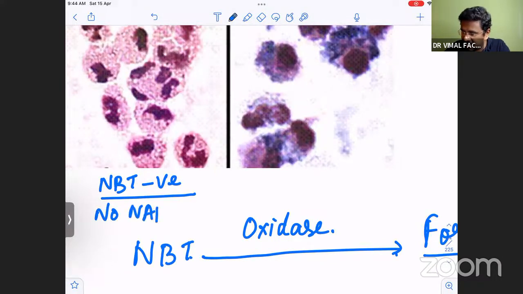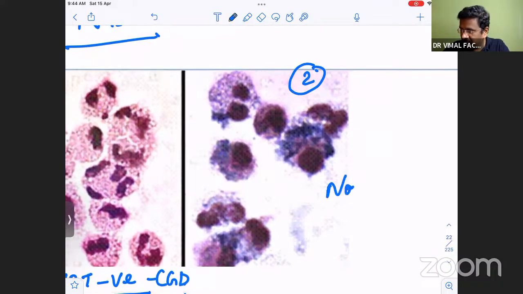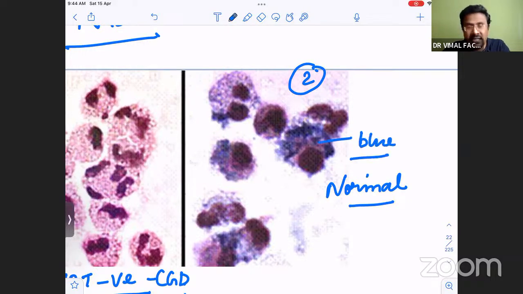So the first patient has chronic granulomatous disease. This second one is a normal person, who will have NADPH oxidase, so he will convert NBT into formazan and show this blue color. So he is a normal person.